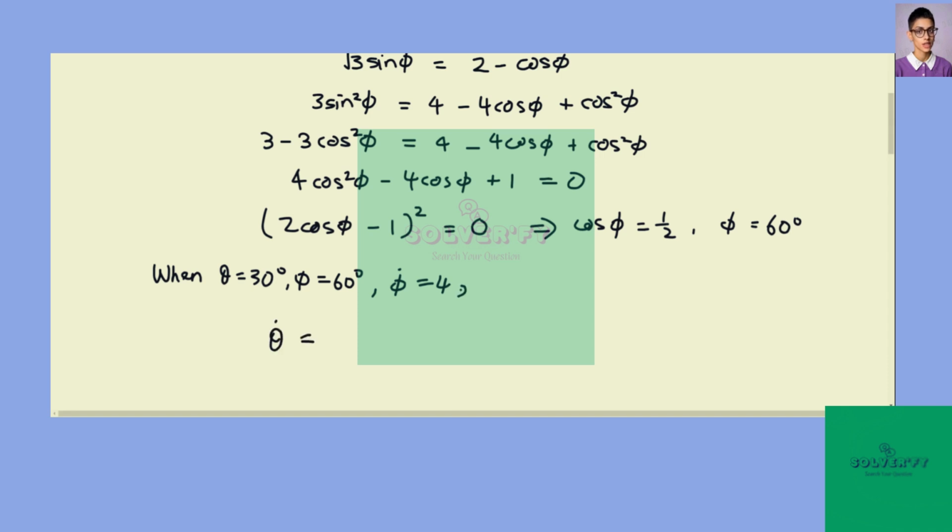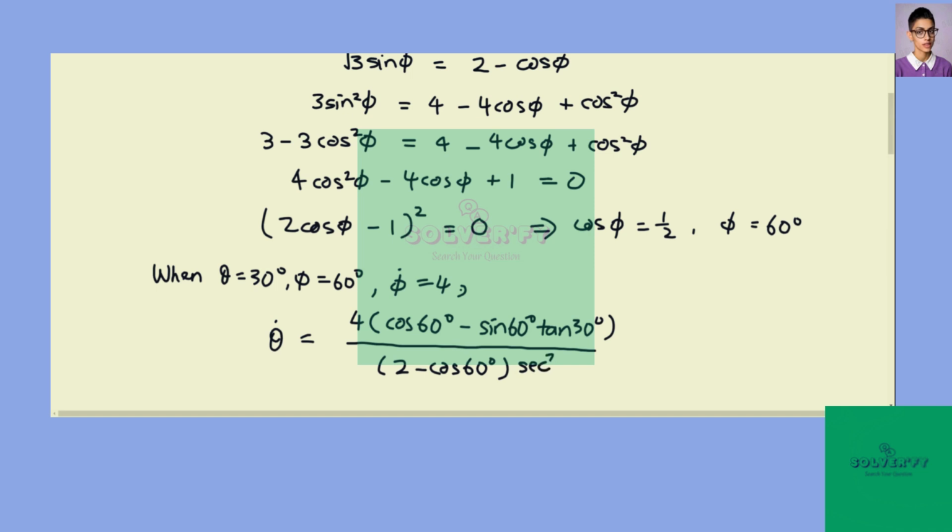Putting in the numbers, theta dot equals 4 times cosine 60 degrees minus sine 60 degrees tangent 30 degrees, divided by 2 minus cosine 60 degrees secant squared 30 degrees. If you calculate, the numerator is just going to be 0. So this is the answer for this question.